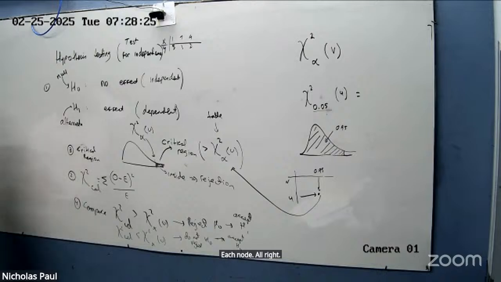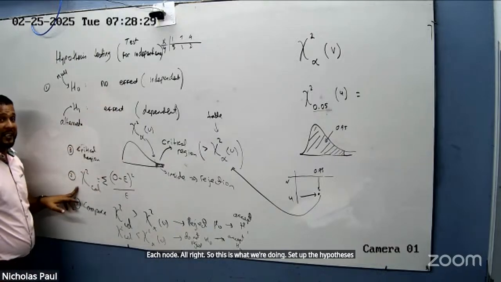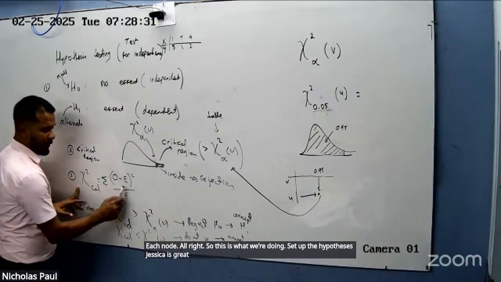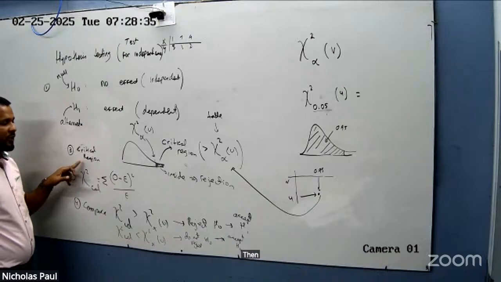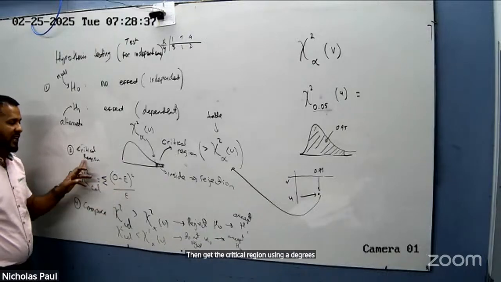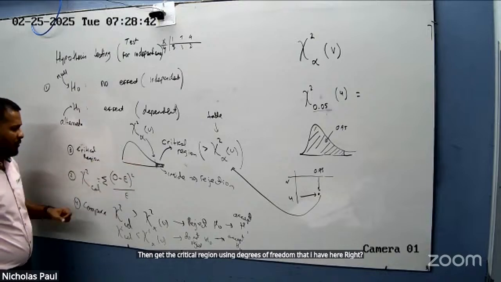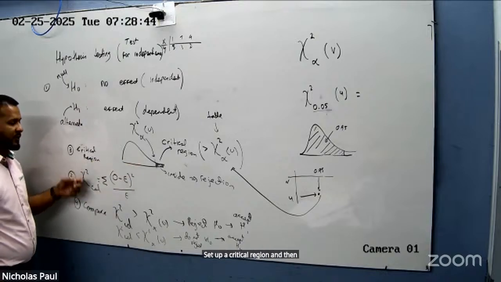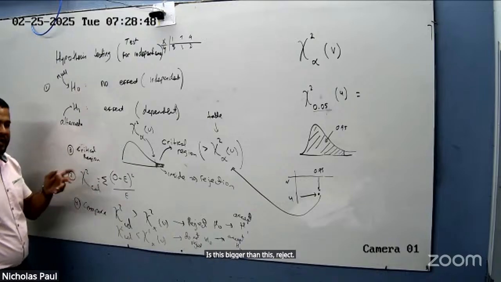So this is what we're doing. Set up your hypotheses. Get your chi-squared calculated value. I am going to show you how to do this now. Then get your critical region using the degrees of freedom that you have here, right? And set up a critical region, and then compare these two. If this is bigger than this, reject. This smaller than this, accept.